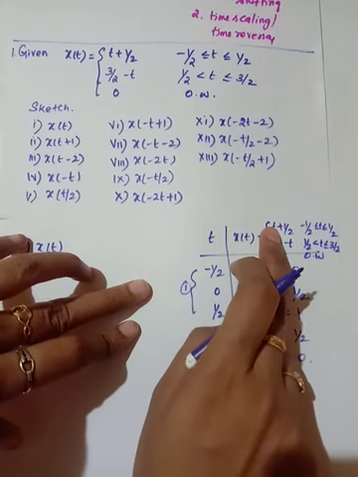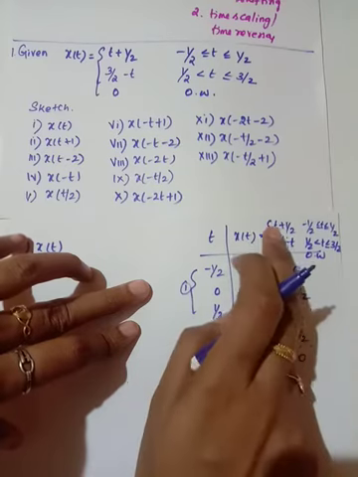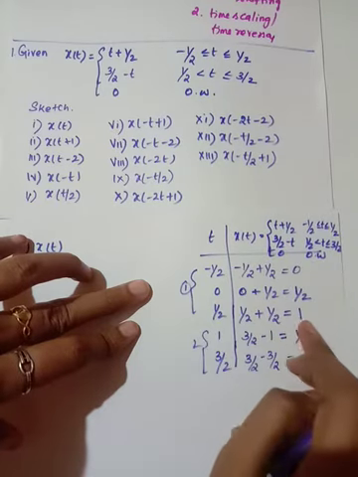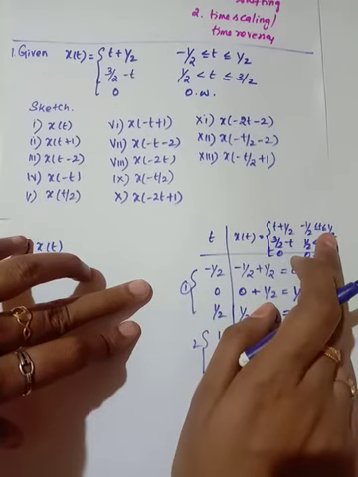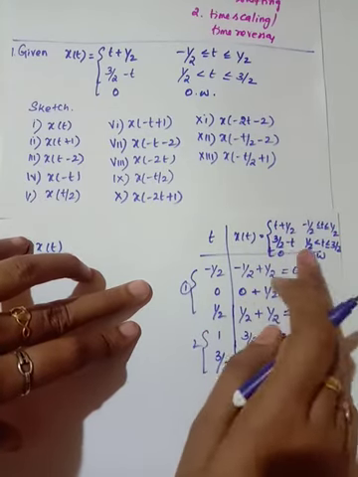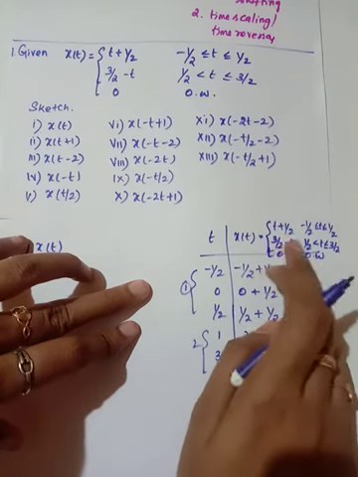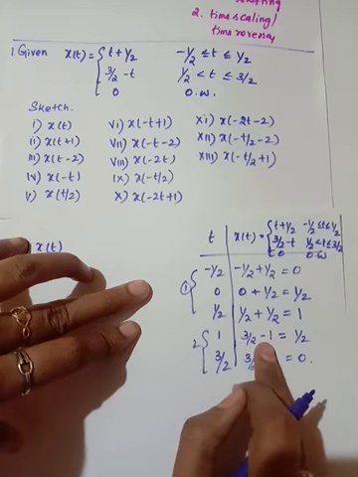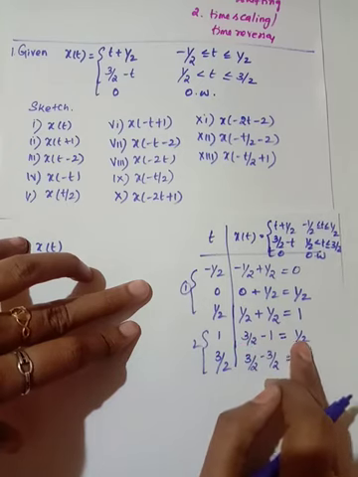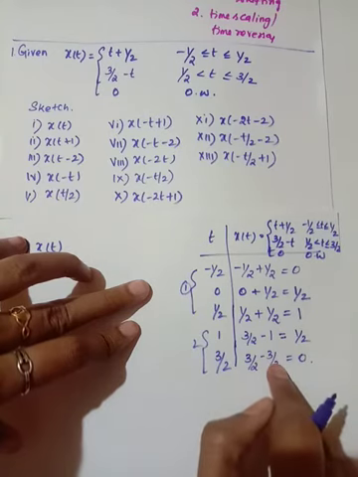When I substitute t equal to 0 in the first relation, I get 1 by 2. When I substitute 1 by 2, I get 1. I substitute 1 by 2 in this equation because it is less than or equal to. Next, 3 by 2: I consider the second relation because it is in that range. So 3 by 2 minus 1 is equal to 1 by 2. Next, substituting 3 by 2, it becomes 0.